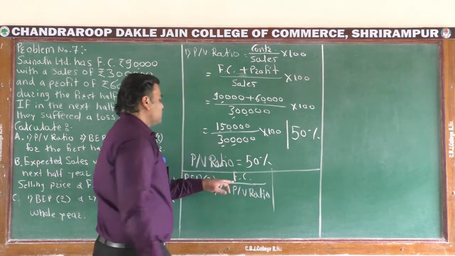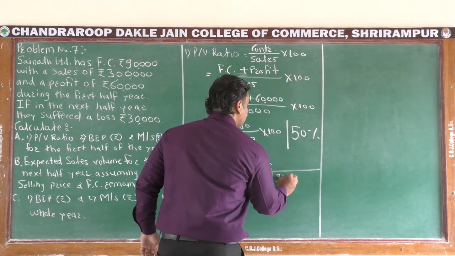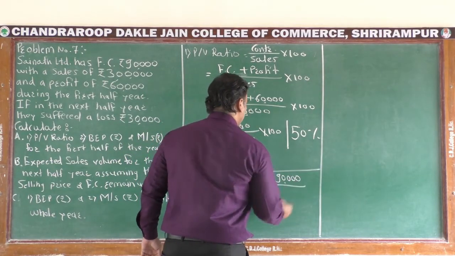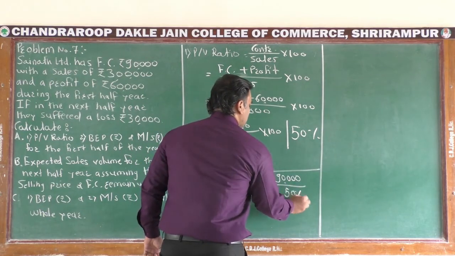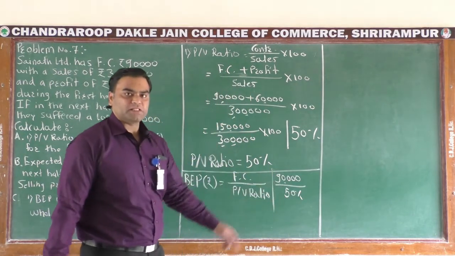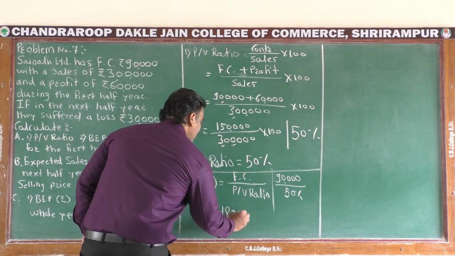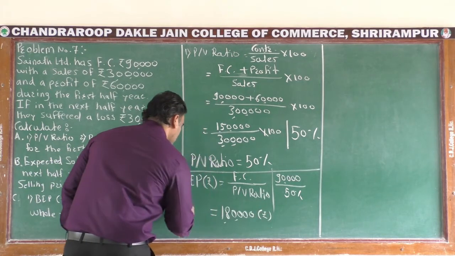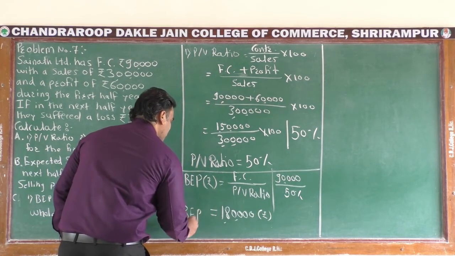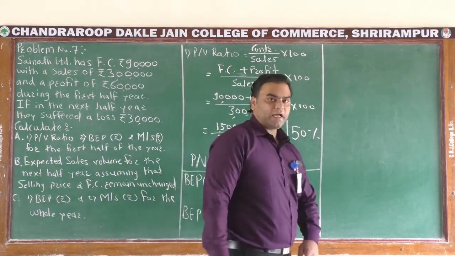So fixed cost of first half year is 90,000 divided by PV ratio, which is 50%. So 90,000 is 50% of 1,80,000. So rupees 1,80,000 will be the BEP rupees of first half of the year. So BEP sales are 1,80,000.